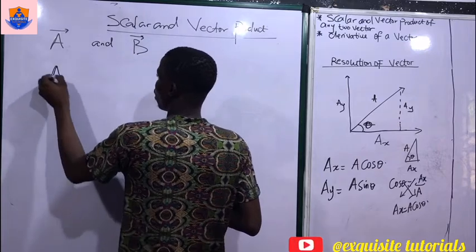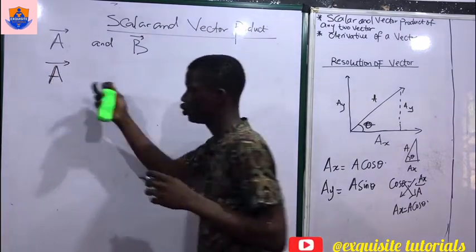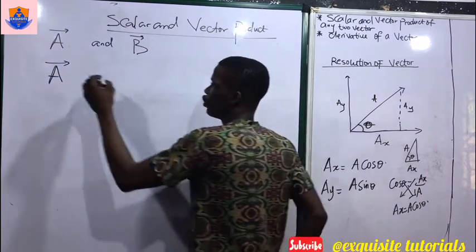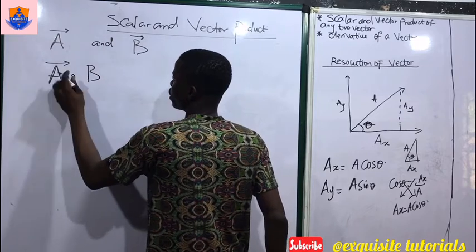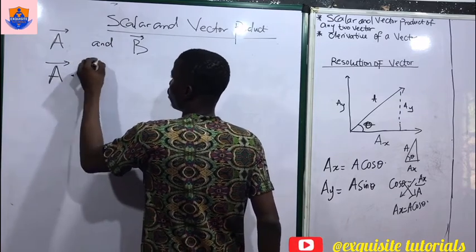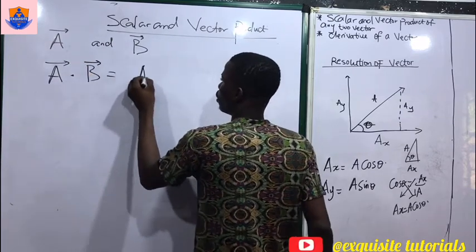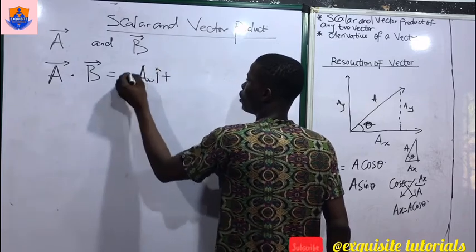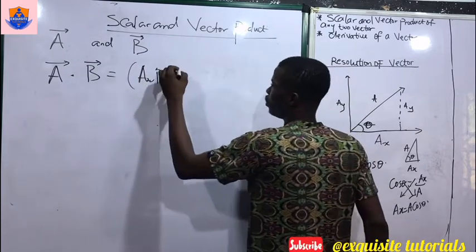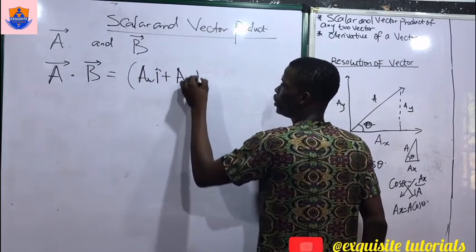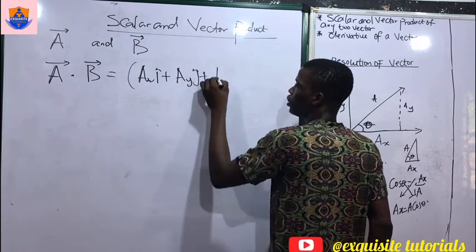Assuming I'm trying to take the scalar product of this, I'll have this as my answer. Remember, this A has three values: A of x i, A of y j, and A of z k.